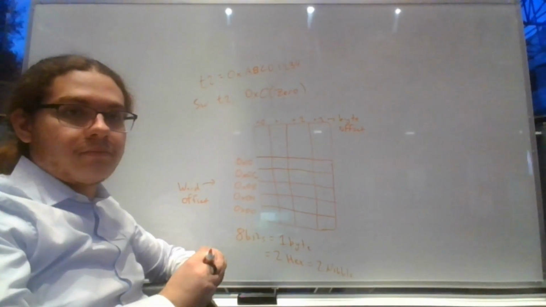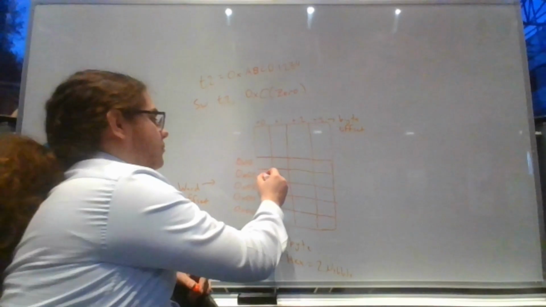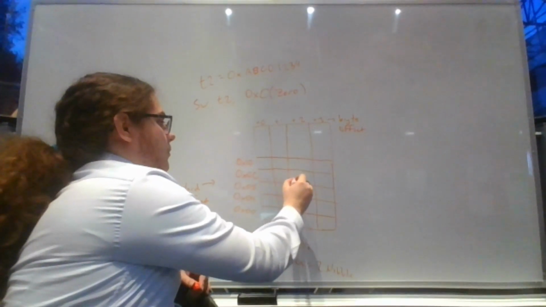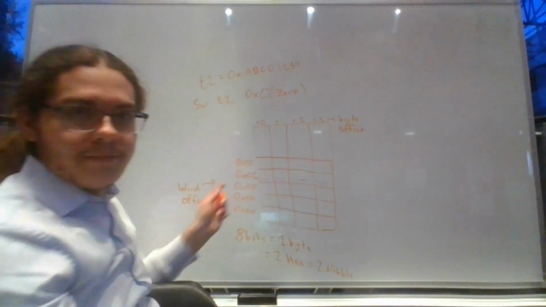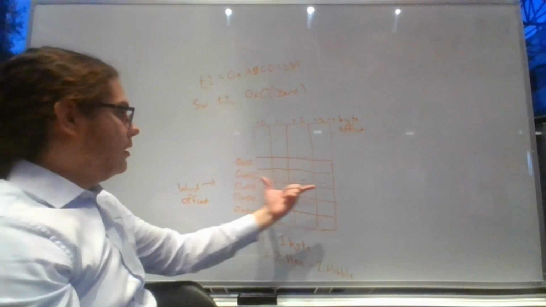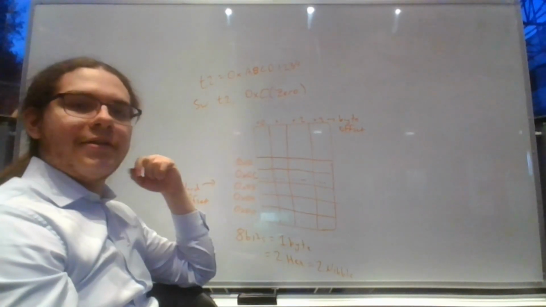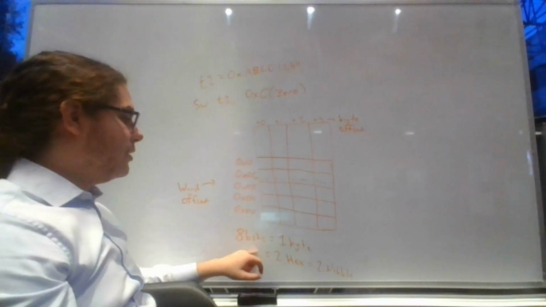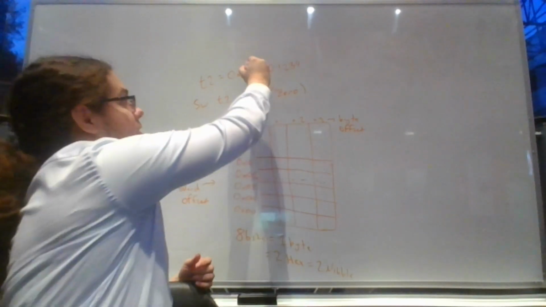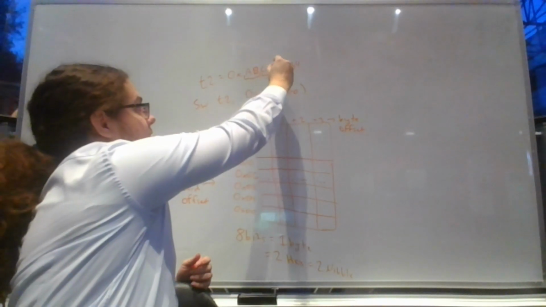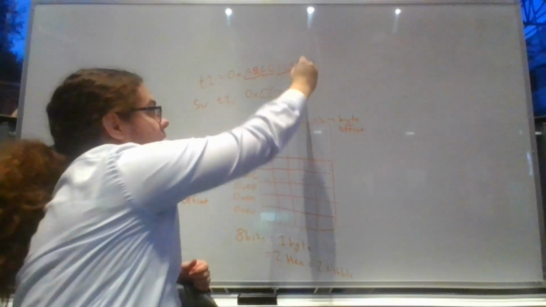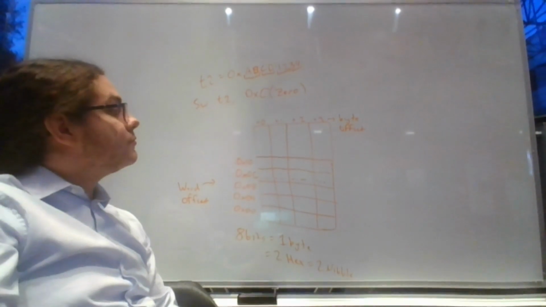Wait, sorry, we're storing it in the entire row of the memory? Because we said that was 32-bit, and each block is 8 bits? Yeah. Oh, 8 bits, okay. Or 2 hexadecimal digits. So we'd have A, B in one of them, C, D in one of them, 1, 2 in one of them, and 3, 4 in one of them. That's right. Gotcha.